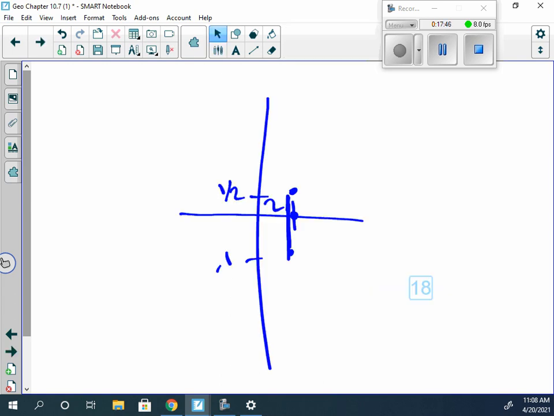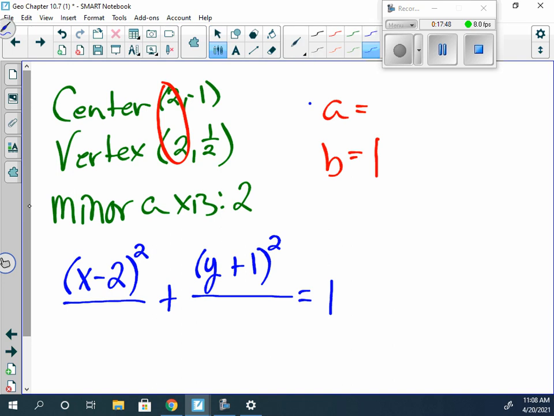So that means B is going to be with X. Now we just need to find the distance from -1 to 1/2.